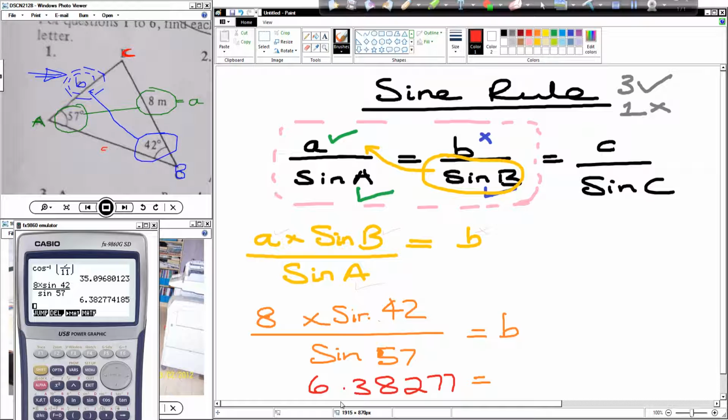If you round that off to one decimal place as a good rule of thumb, it becomes 6.4. We can go back to the original lettering. This B I labeled was originally labeled as C in the question. So I'm going to use C again now and say C equals 6.4 centimeters.